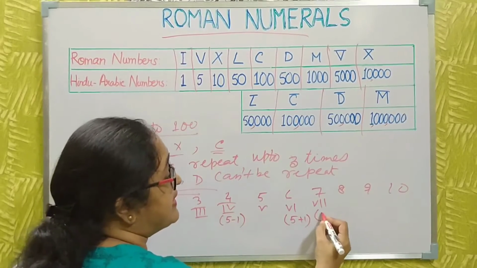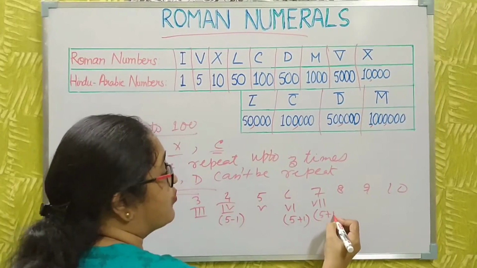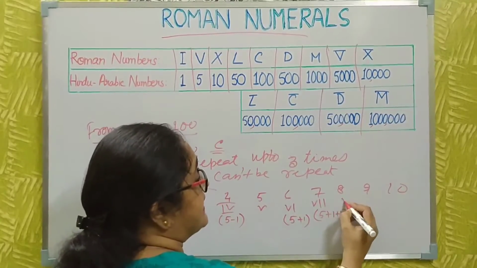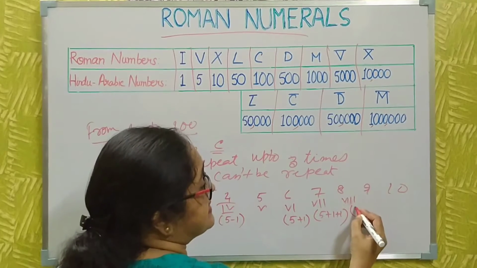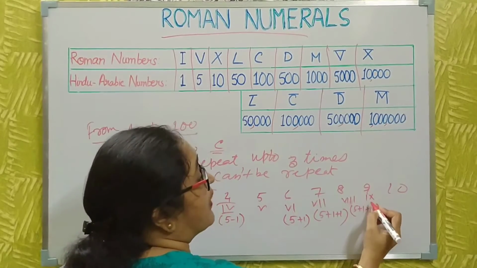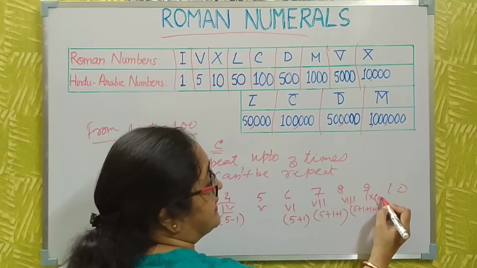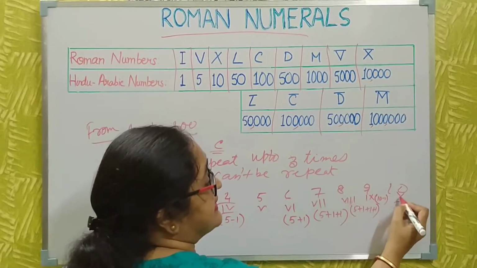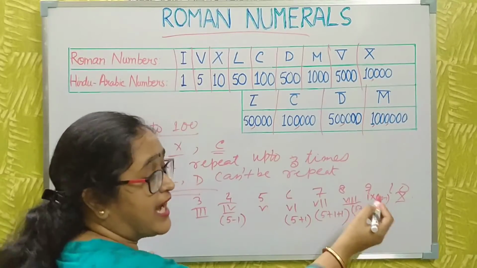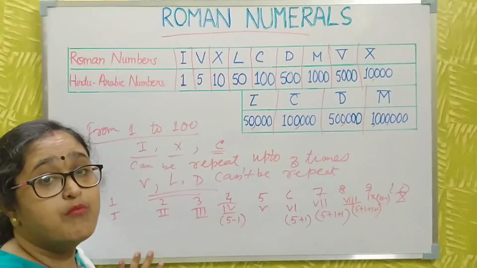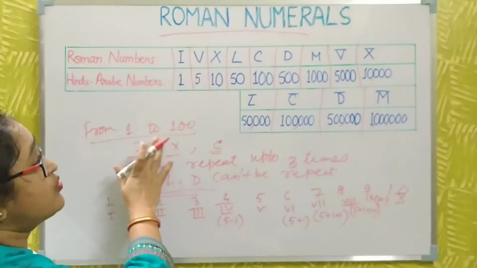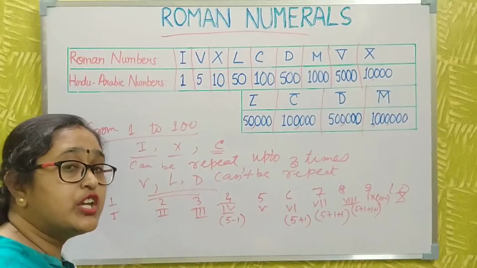Then 7 is 5 plus 1 plus 1. And 8 is 5 plus 1 plus 1 plus 1. And 9 is IX, that means 10 minus 1. And 10 is X. Now if a numeral would repeat more than 3 times, then you subtract it from the next one, as with 9. Now just like this, you write 1 to 100 in your copy.